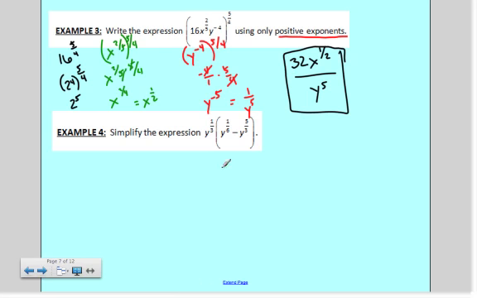Now, if we look at this one, notice that big subtraction sign in the middle there? That means we're going to distribute because that's like an A plus a B thing going on. This is not a power. This is a number, a coefficient, being multiplied by each value inside. Okay.